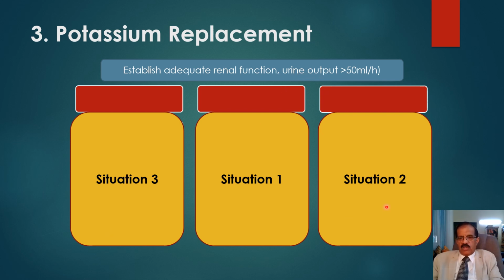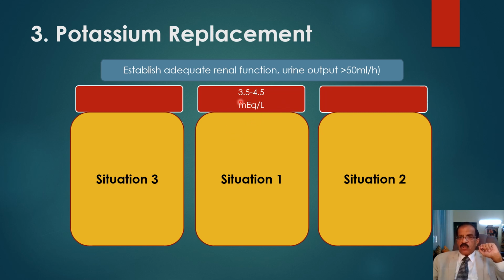So there are three situations. First of all, let me pick up the commonest situation, situation 1. The patient has potassium between 3.5 and 4.5 milliequivalents per liter. Now you can appreciate that this is normal potassium. You could wonder, if potassium is normal, why replace potassium? The reason is that this potassium is normal because as the patient has been losing potassium from the extracellular compartment through urine, intracellular potassium has been coming out to maintain extracellular compartment potassium.